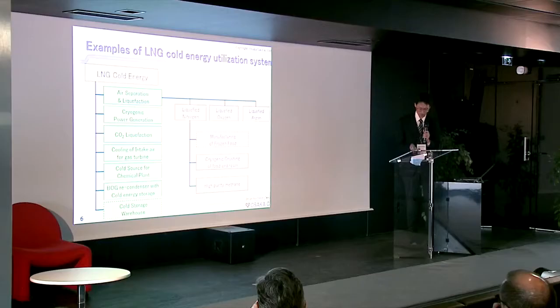And also cold energy is used for BOG re-condensing, re-liquefaction in LNG receiving terminals. We apply it with a cold energy storage tank. And last one is cold storage warehouse, but this one is not utilized in Osaka Gas, but in Japan, there are two cold storage warehouses.